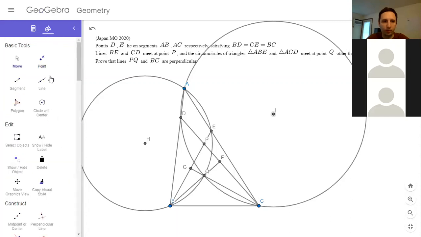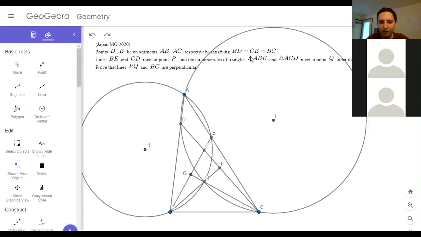So we want to show BQ passes through I and CG passes through H. Let's see. Q must be the in-center of triangle ABC. Interesting. Yeah, we want to show Q has to be the in-center of ABC.